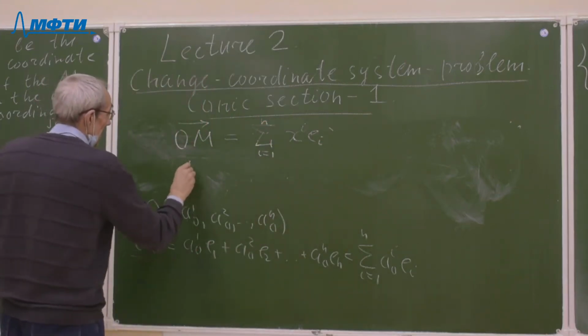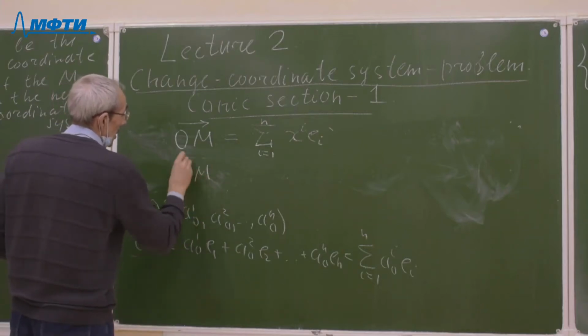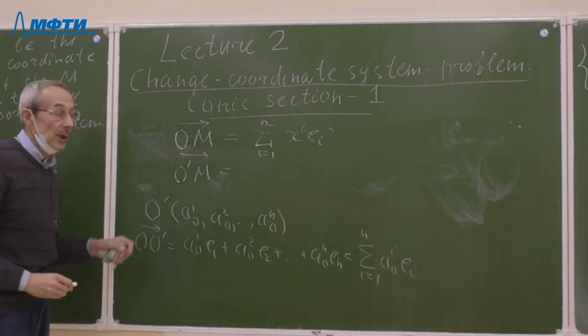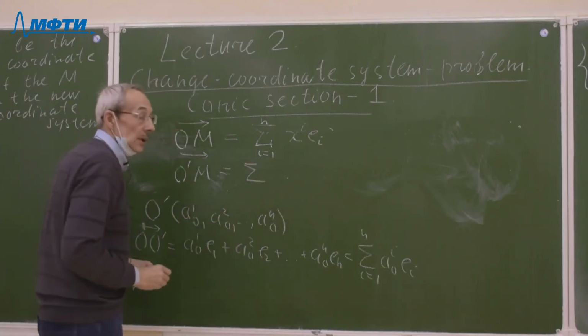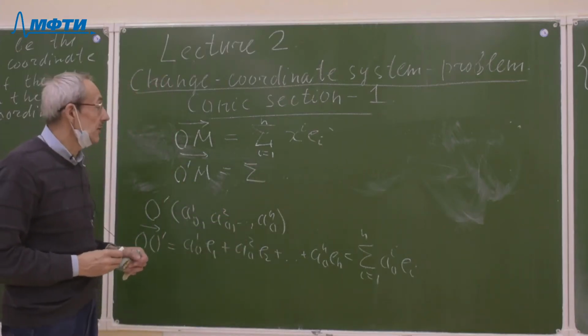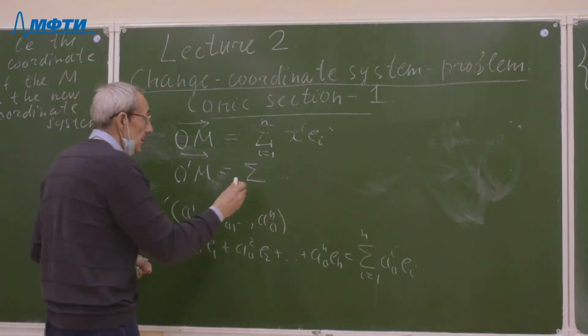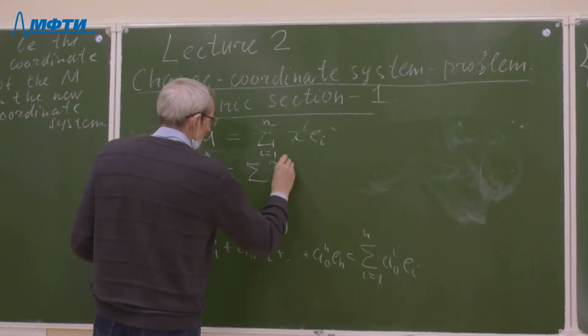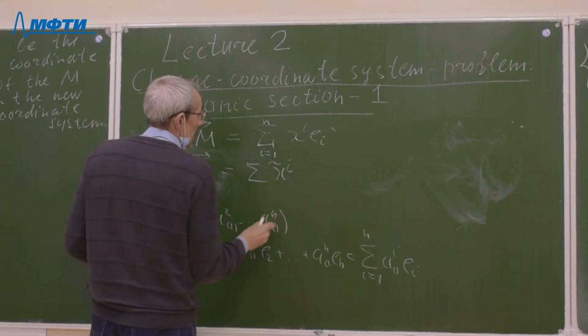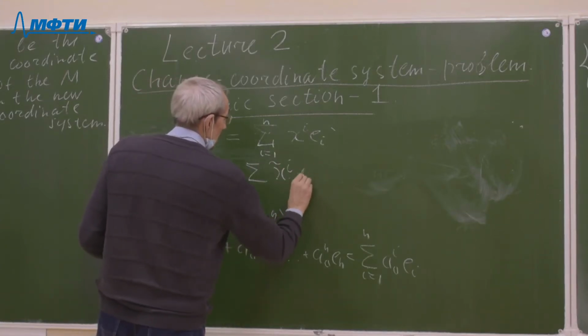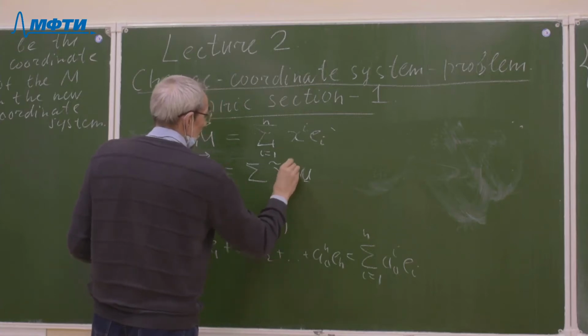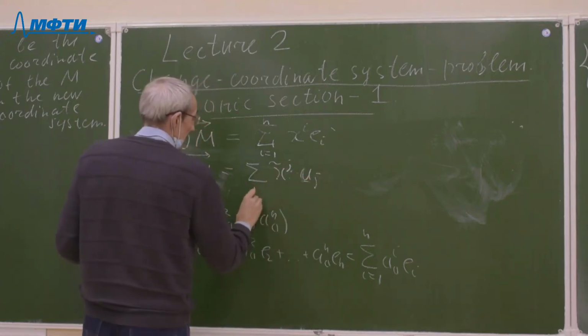And the vector O prime M is equal to the following linear combination of the vectors of the new basis, the sum of x tilde j uj.